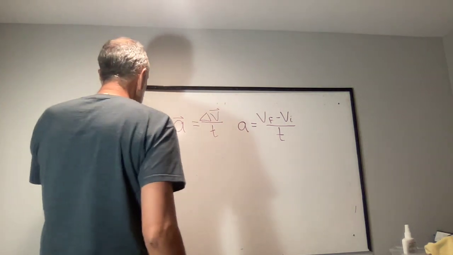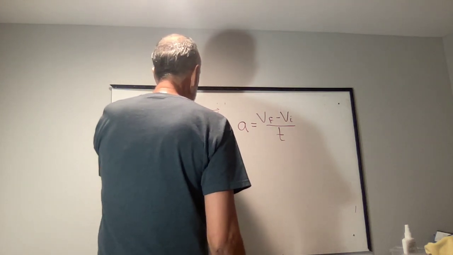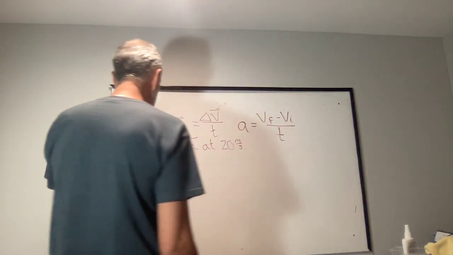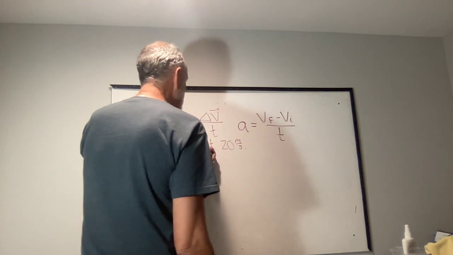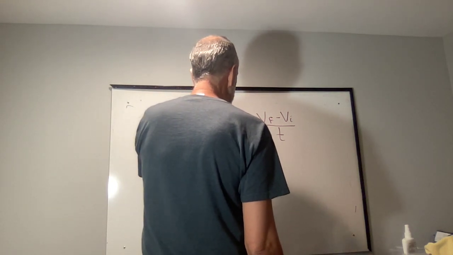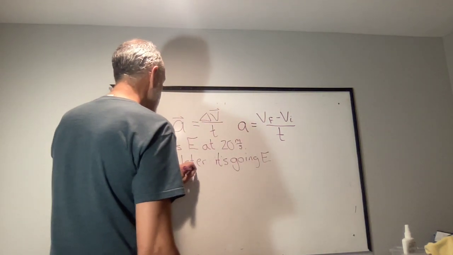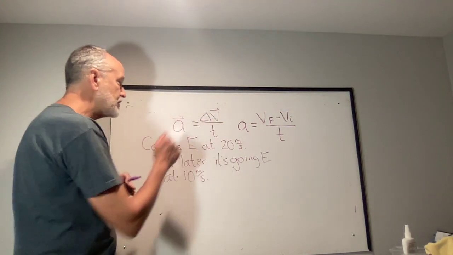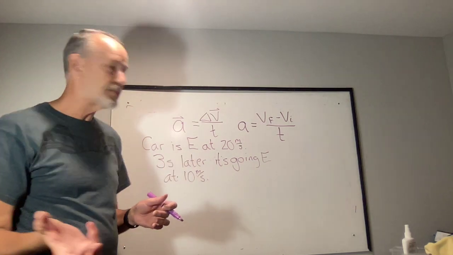So let's say a car is going east at 20 meters per second. 3 seconds later, it's going east at 10 meters per second. Okay, so it starts going east at 20 meters per second, and over the next 3 seconds it slows down to 10 meters per second.